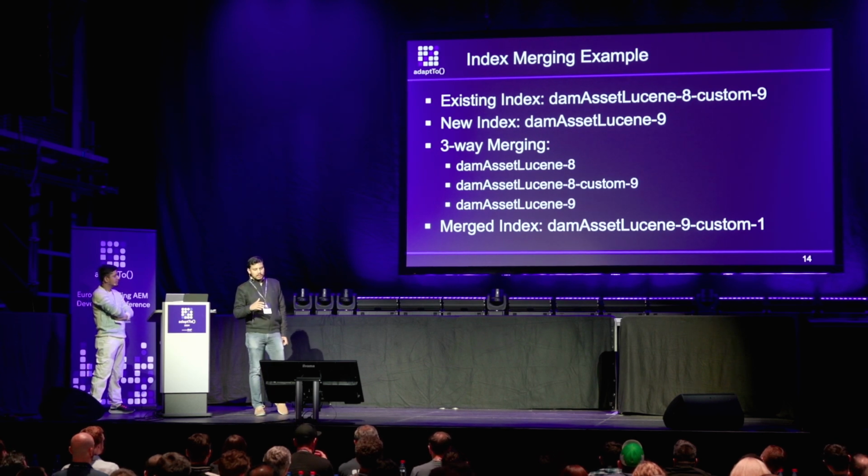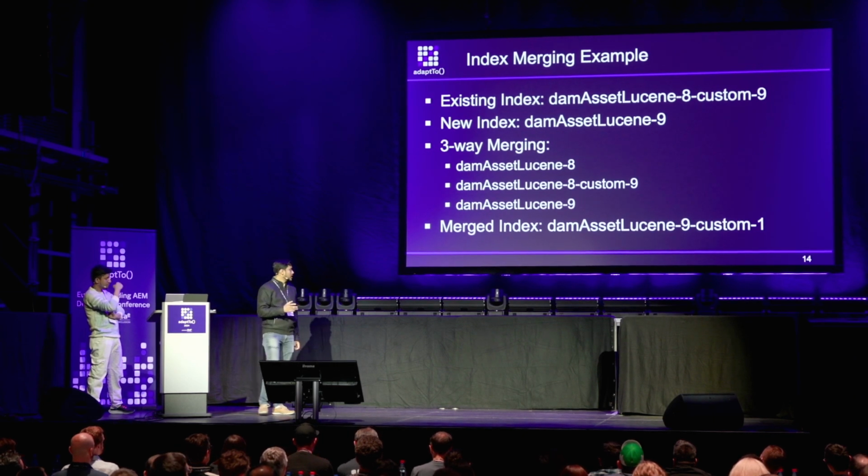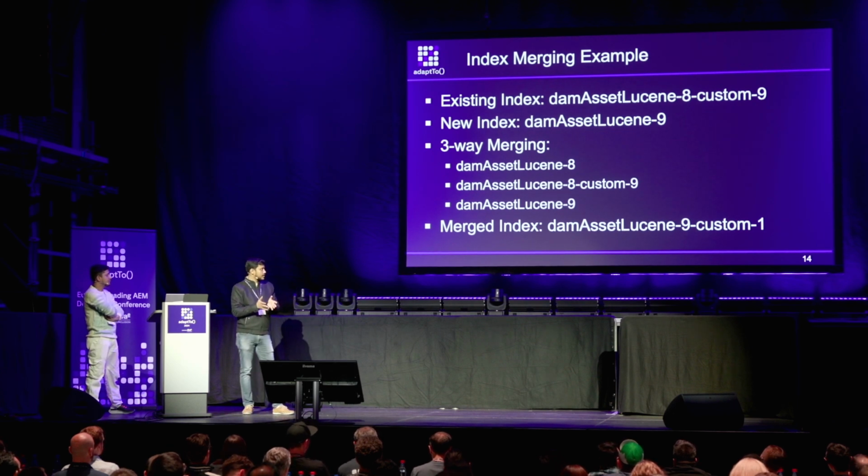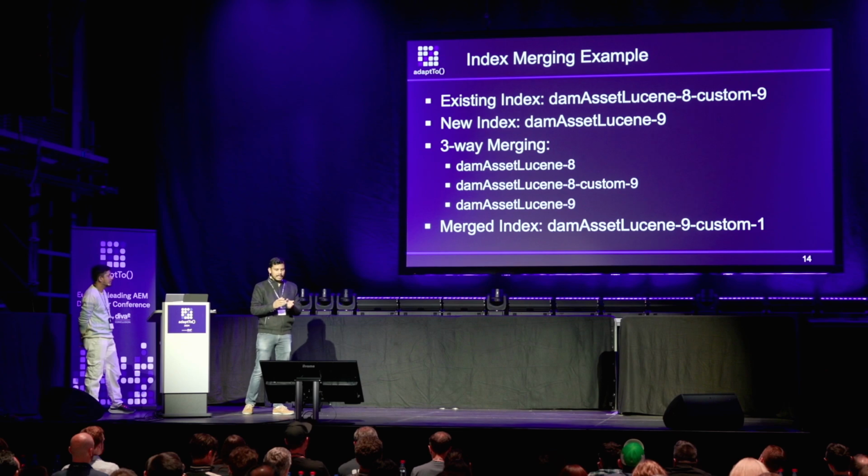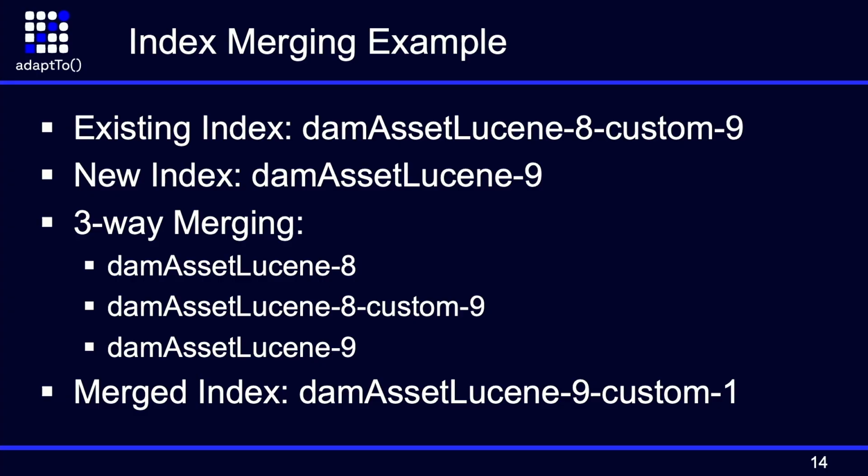And we create another index, DAM asset Lucene 9 custom 1. So this merged index is actually a conglomeration of DAM asset Lucene 9, and we are basically picking the customization from DAM asset Lucene 8 and setting it on DAM asset Lucene 9 to create this custom index. Keep in mind that in this merge logic, we are creating an index which is not present anywhere.